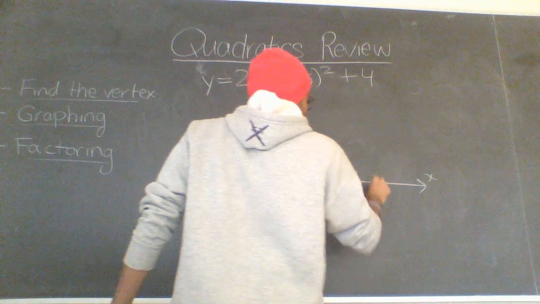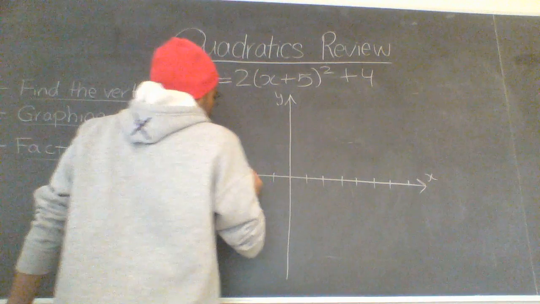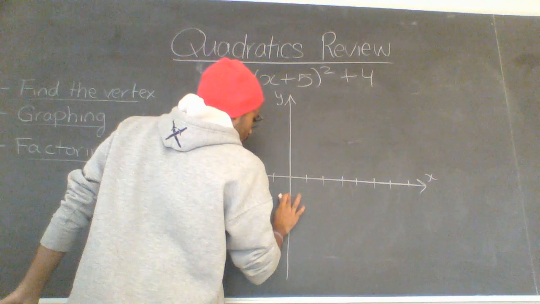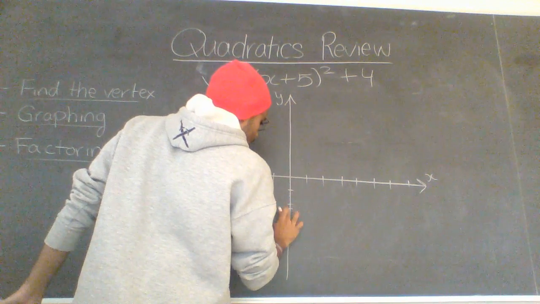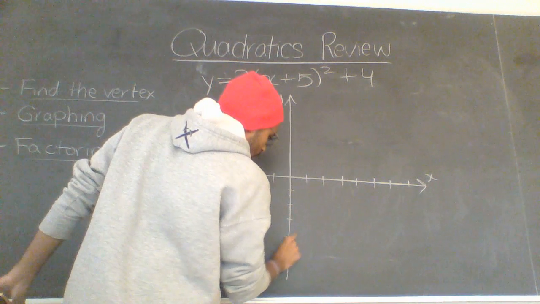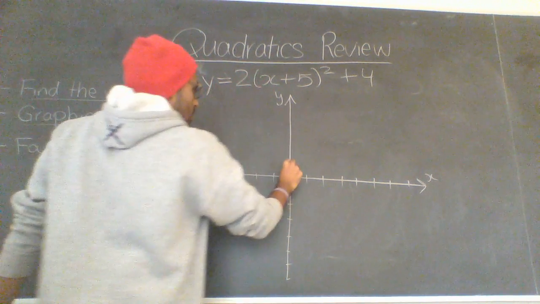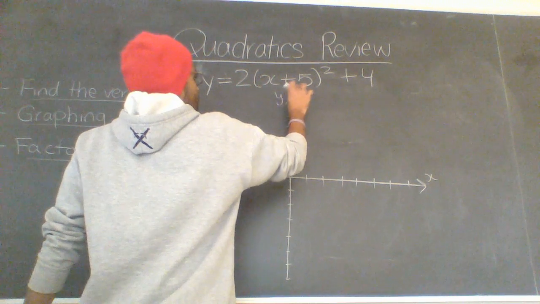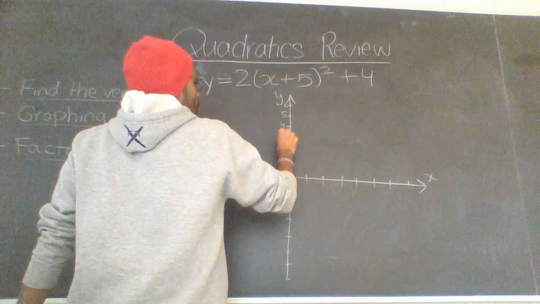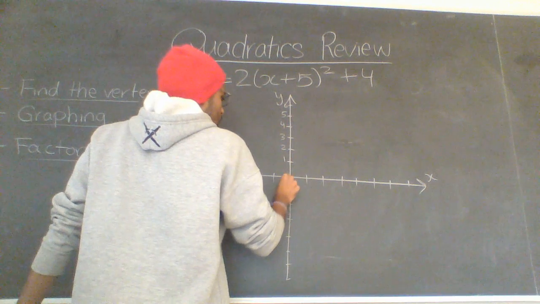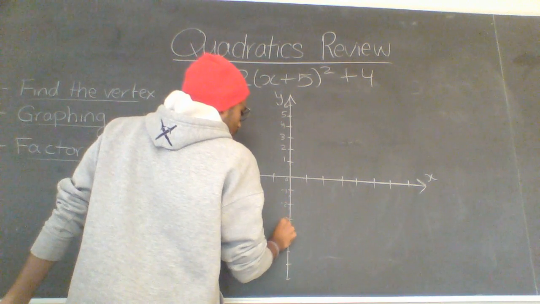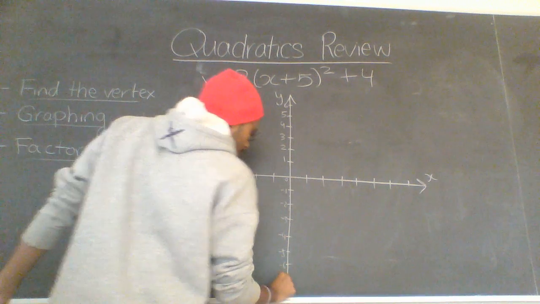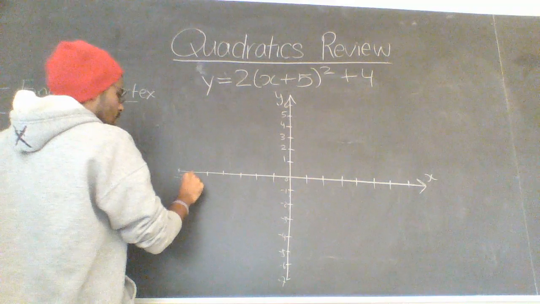I'll number the axes from 1 to 7 in each direction, though I don't really have room for 7 going up. So that's 6, 5, 4, 3, 2, 1, 0, negative 1, negative 2, negative 3, negative 4, negative 5, negative 6 and negative 7.